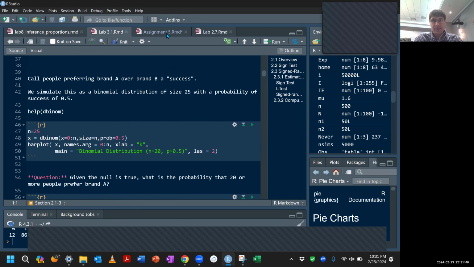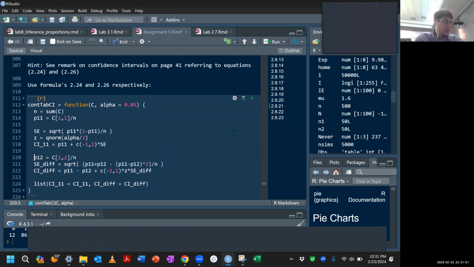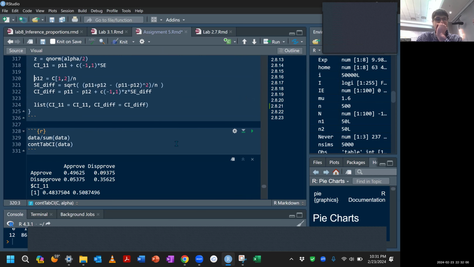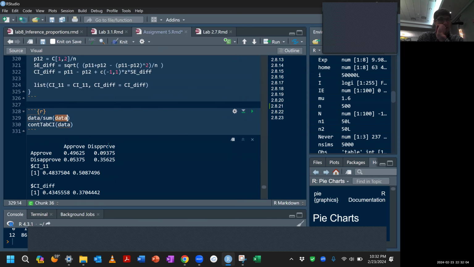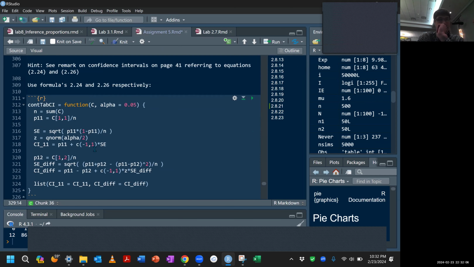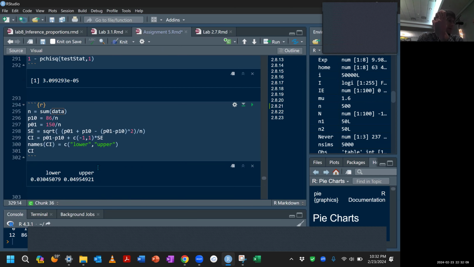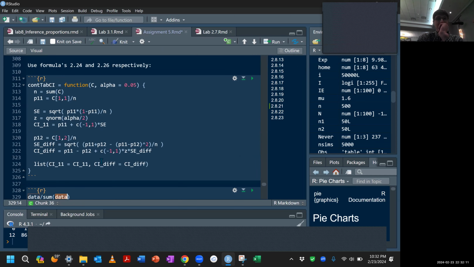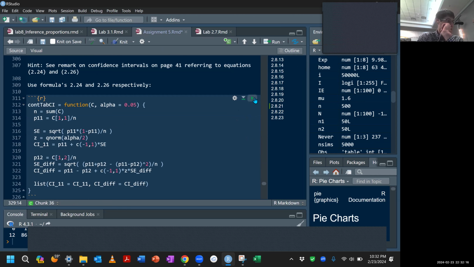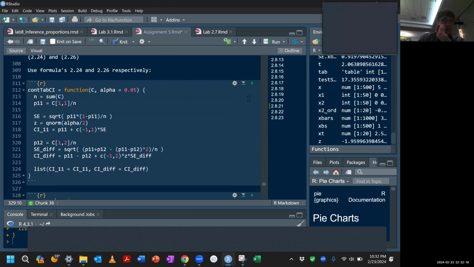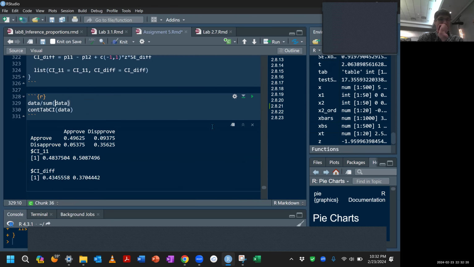So we are putting together a confidence interval based off some kind of contingency table. I decided to test it with the approve and disapprove data from the previous problem, of course. I used that previous problem, and it looks like I get answers that are comparable with what I got before.